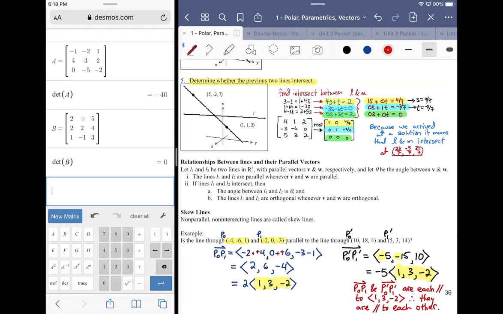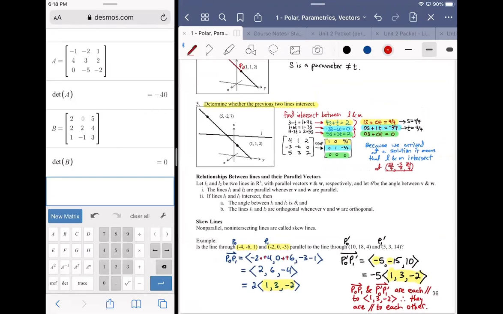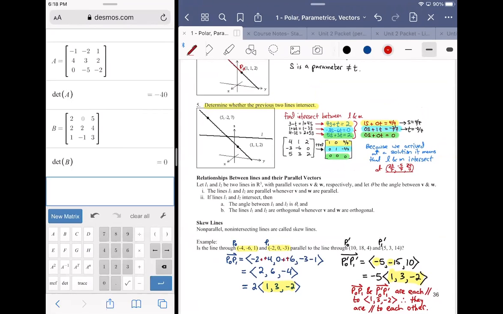So I would have to show through a process similar to number 5 that they don't intersect at all, and also are not parallel to one another. So it's an extra layer of the process. It would be a combination of those two questions that would give you the skew line approach.